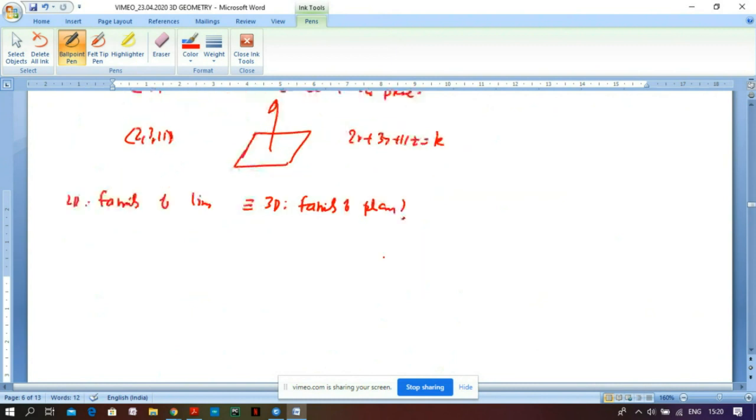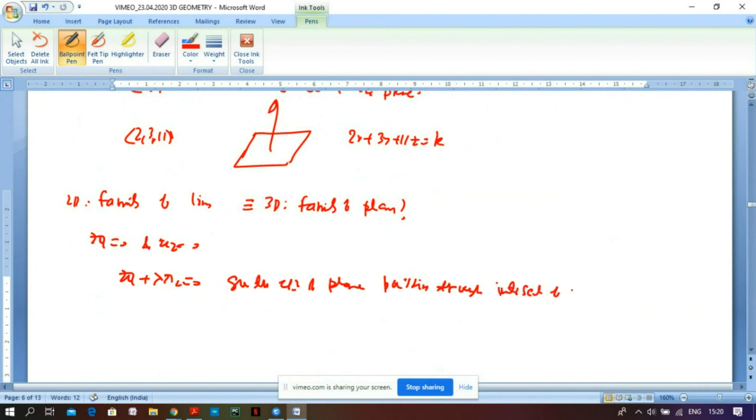Here, if you have planes pi1 = 0 and pi2 = 0, then pi1 + lambda pi2 = 0 gives the equation of a plane passing through the intersection of the two given planes, the way L1 + lambda L2 = 0 gives the equation of a line passing through the intersection of two lines in 2D.